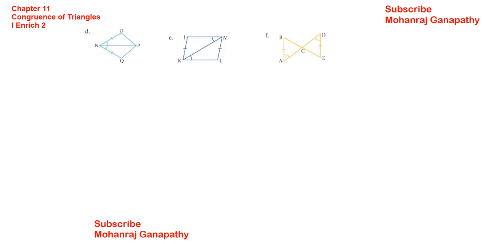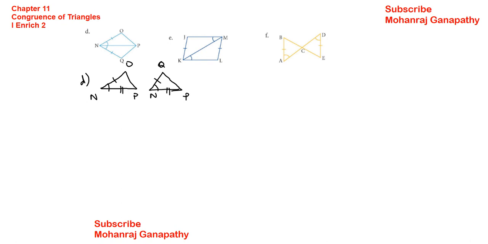Okay. D. Splitting the diagram into two: NPO, NPQ. ON is equal to QN. Angle N is equal and a common side is there, NP.